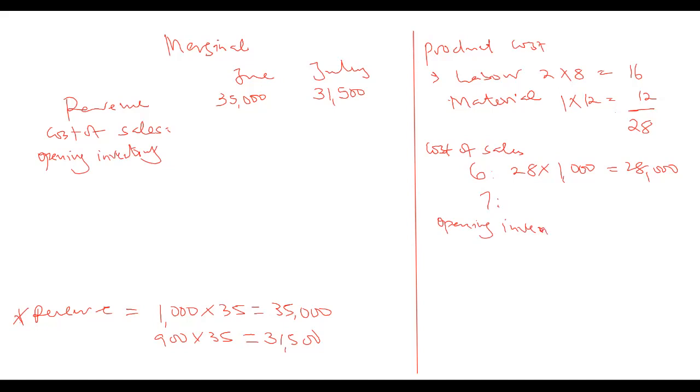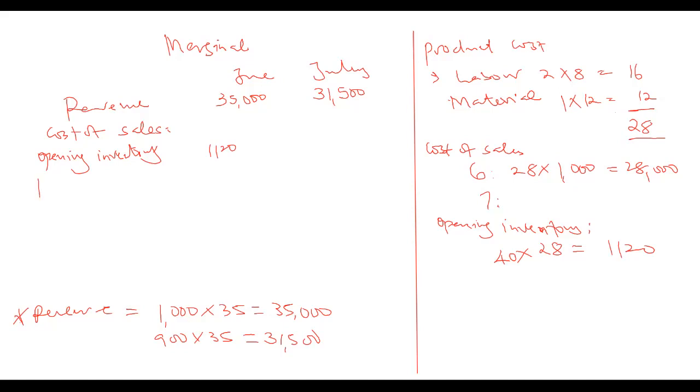What's the value of the stock that was there at the beginning of the month? There are 40 of them at a cost of 28 per unit, which gives $1,120. That was the stock value at the beginning of the month. Then what was produced? Let me call it the production cost.